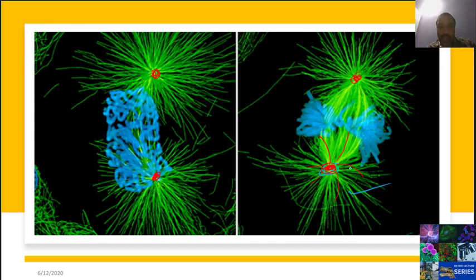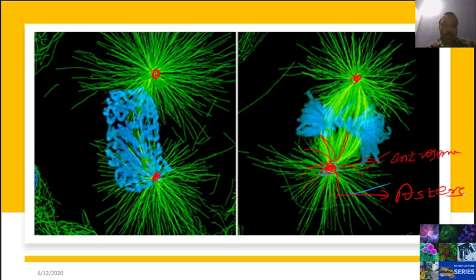The radial array of shorter microtubules that extends from the centrosome are called asters.